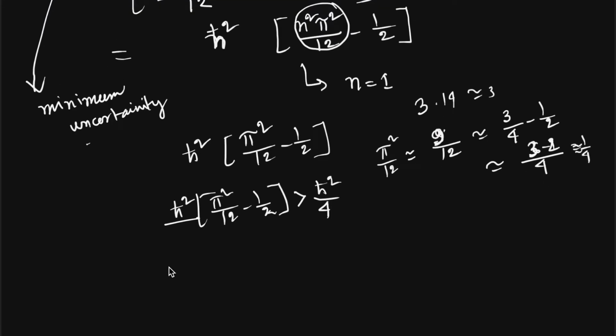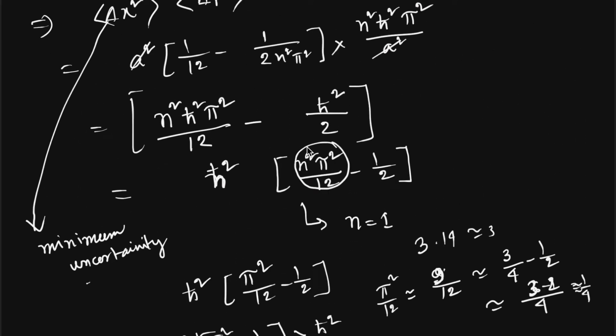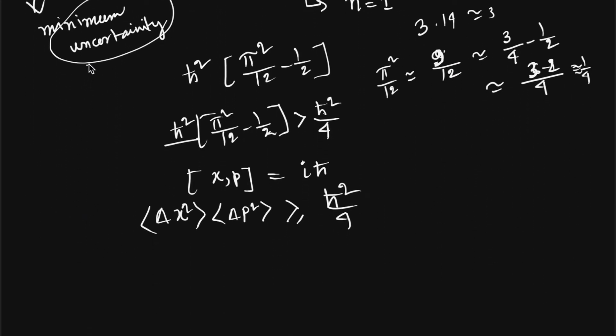We know that [x, p] has the value iħ. Then from the uncertainty relation we know that (Δx)² and (Δp)² should be greater than or equal to ħ²/4. Now the minimum uncertainty also strictly follows this relation.